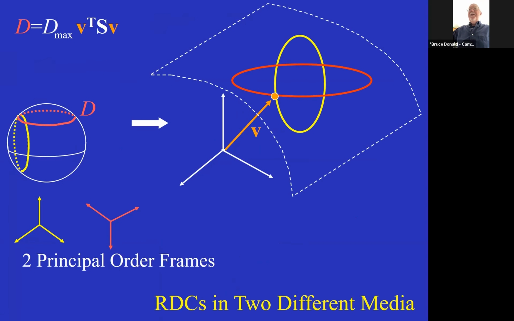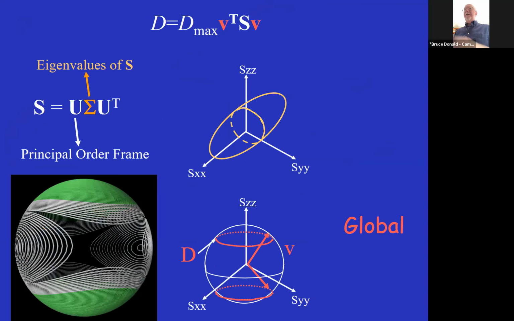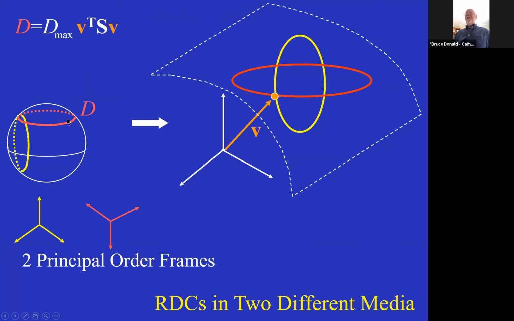Now, one thing I can do is measure the same bond vector in 2 different aligning media. So for example, phage and bicelle, or stretch gel and phage, stretch gel and bicelle, and so forth. If when I do that, I get different principal order frames, i.e. this matrix U here is different, then I get 2 different independent measurements.